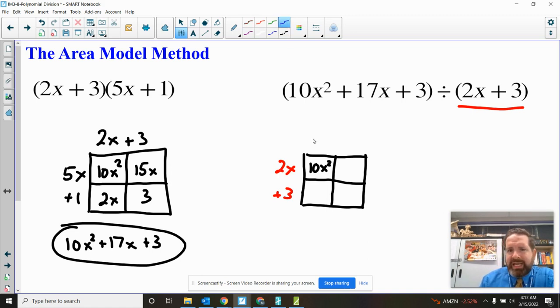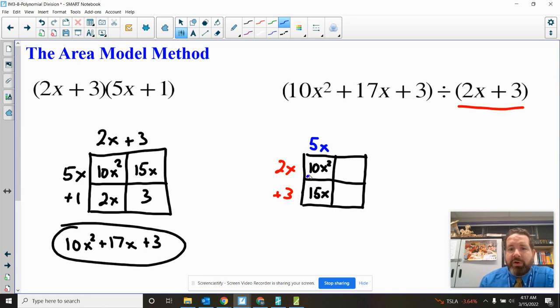To turn a 2 into a 10, you multiplied by 5. To turn an x into an x squared, you multiplied by x. Now use this up here to multiply by the plus 3 and fill in this bottom box. So 5 times 3x, that's my 15x. Now we're going to see a pattern along diagonals.